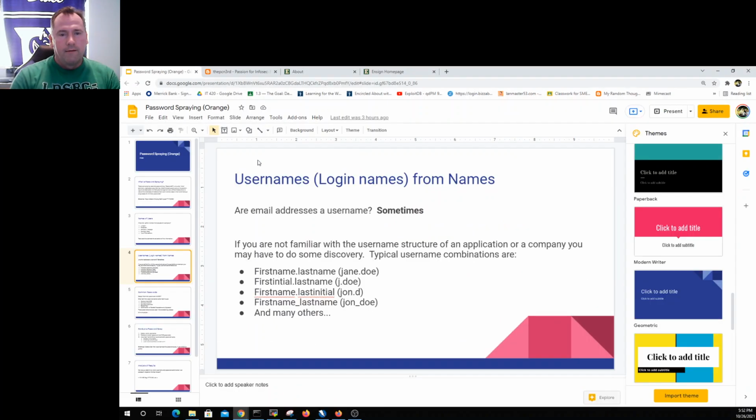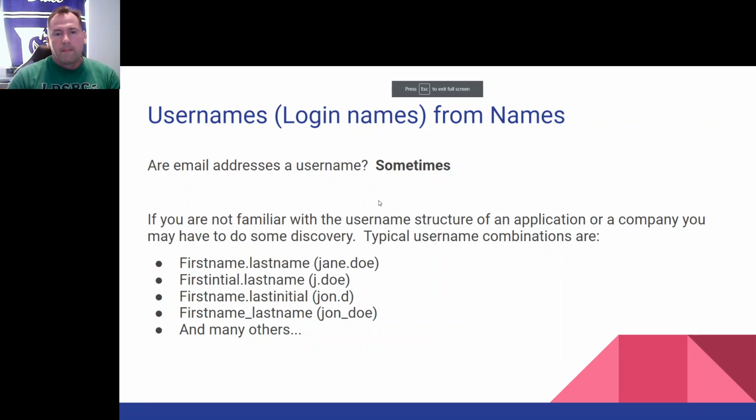And then the next thing, let's talk about usernames, because oftentimes usernames are composed of the names that we collected. Not all the time are email addresses used as a username, but in the case of what we're going to be doing, it is an email address that is used.